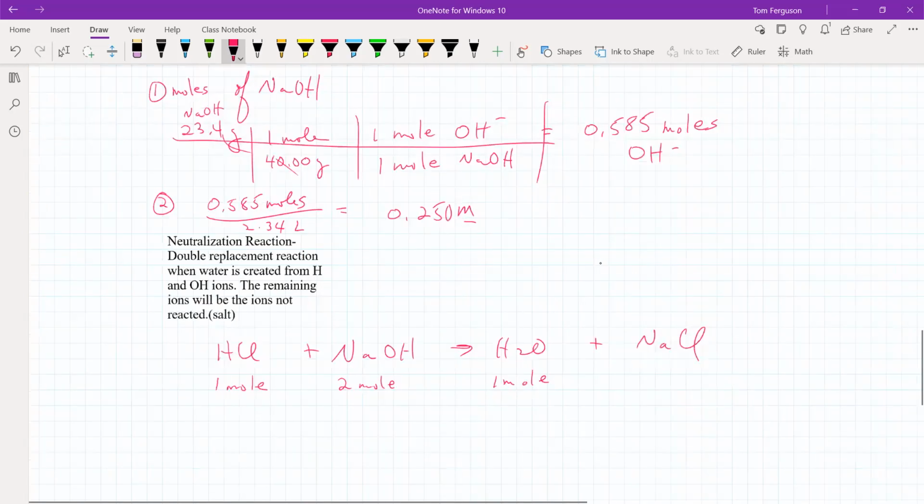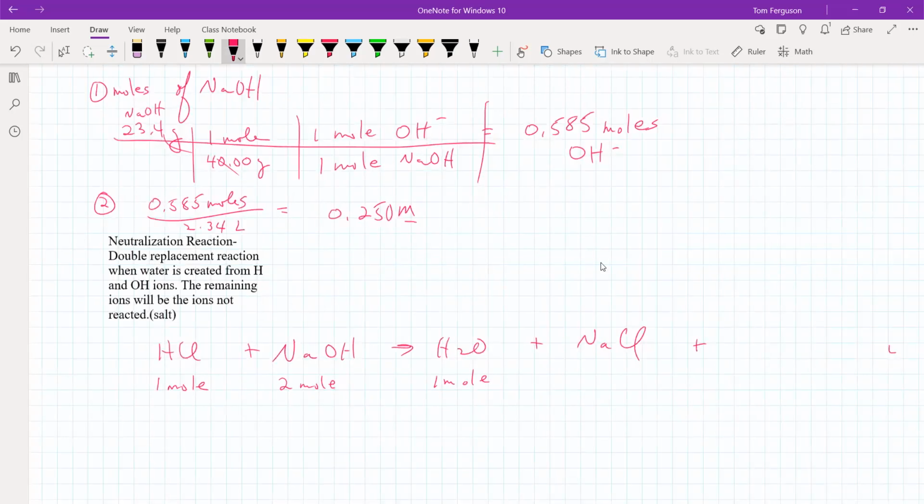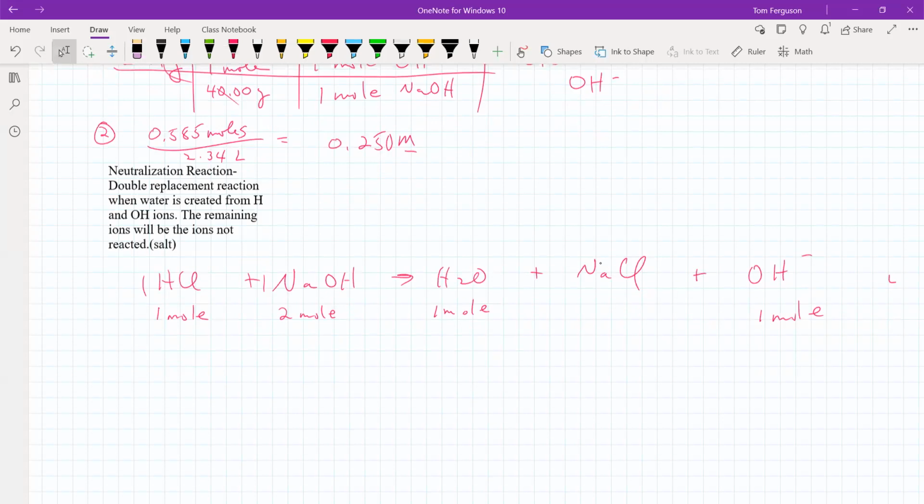So guess what? We have leftover hydroxide ions, and we have 1 mole left over, because we only needed 1 mole since the ratio between HCl and sodium hydroxide is 1:1. Whenever we have a neutralization reaction, the H's and OH's have to be exactly the same, otherwise there's excess of one or the other.